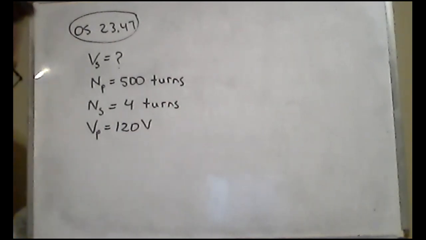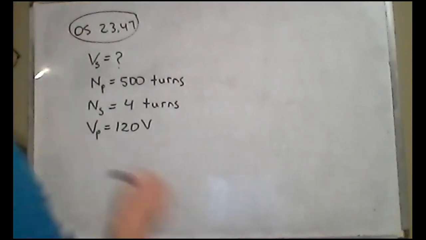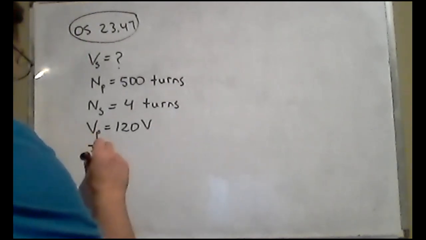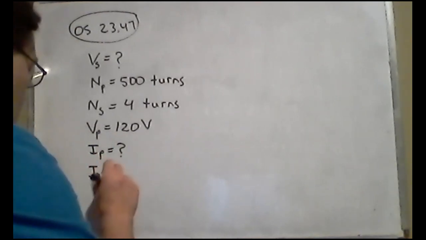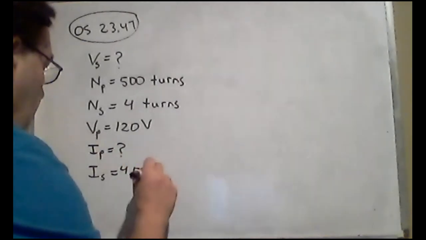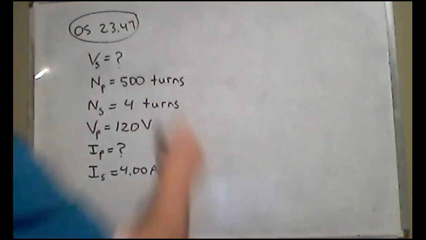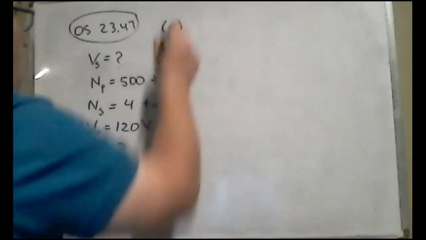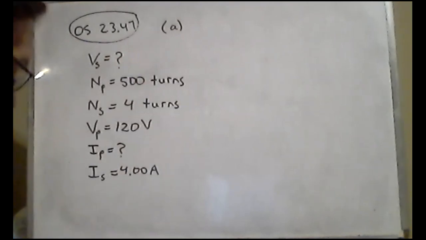All right. I also don't know the primary current, which I'm going to look for in part B, and I do know the secondary current is supposed to be 4 amperes. So let's write everything down, and I'll go one step at a time. Part A wants me to find the secondary voltage.